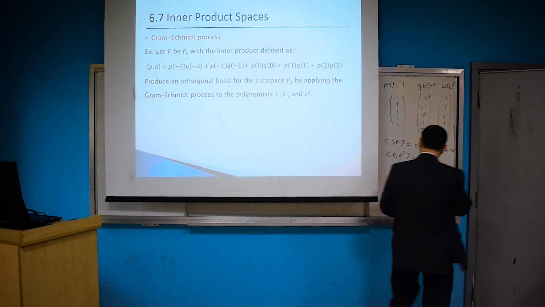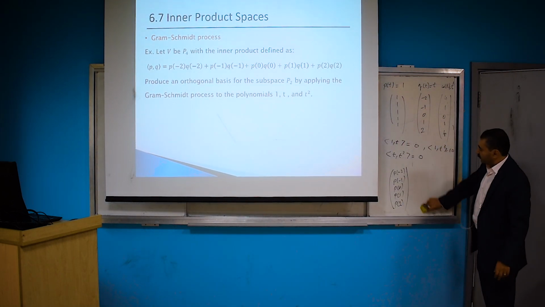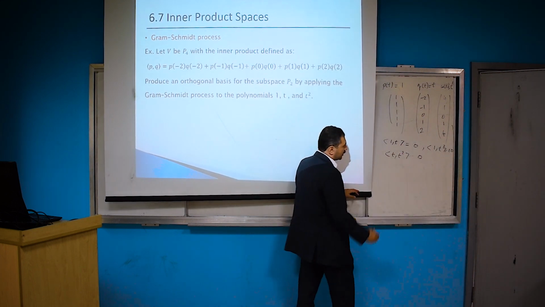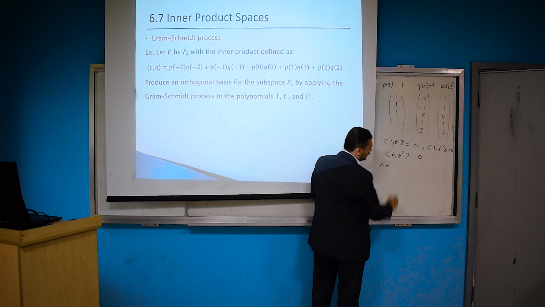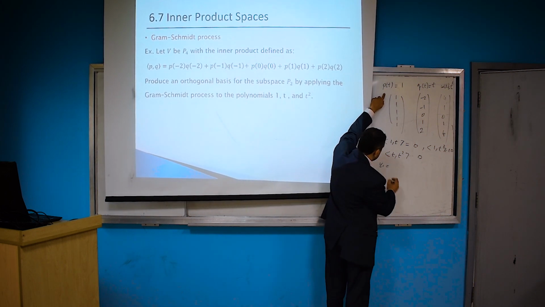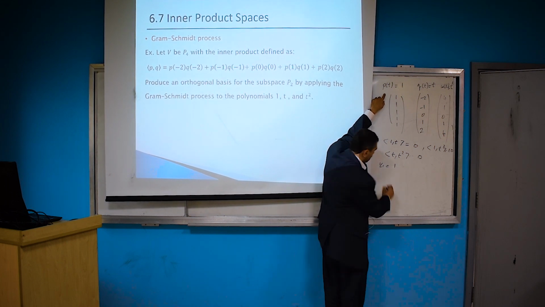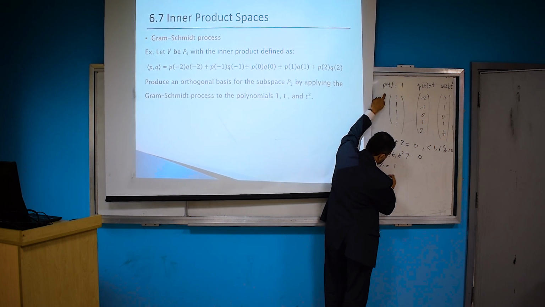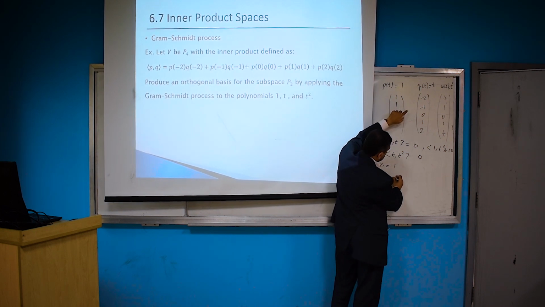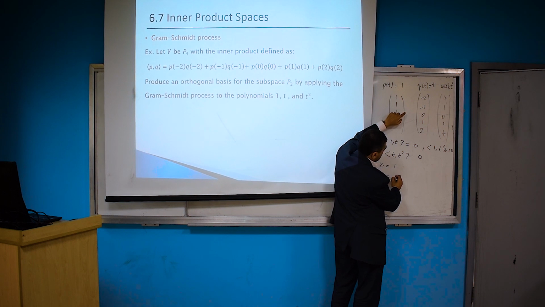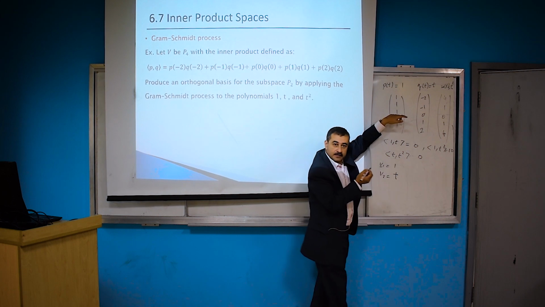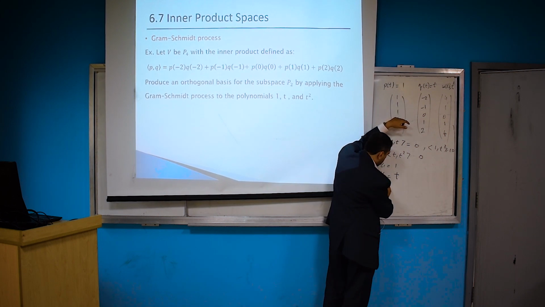How do we extend the Gram-Schmidt? Let's follow the steps of Gram-Schmidt. I can take V1 as the first vector, which is the first polynomial, 1. The second one: you know that t is orthogonal to 1, so it would be t. The third one, you have to change.